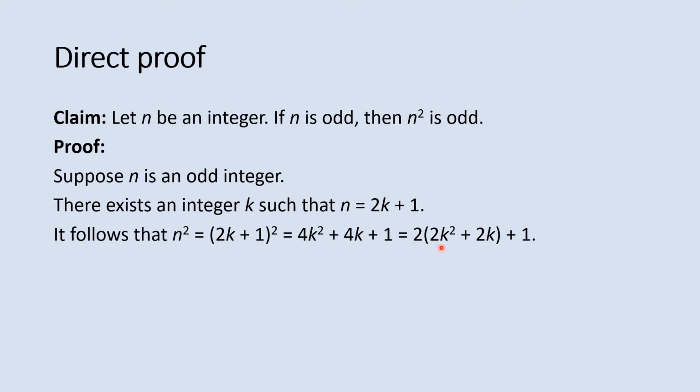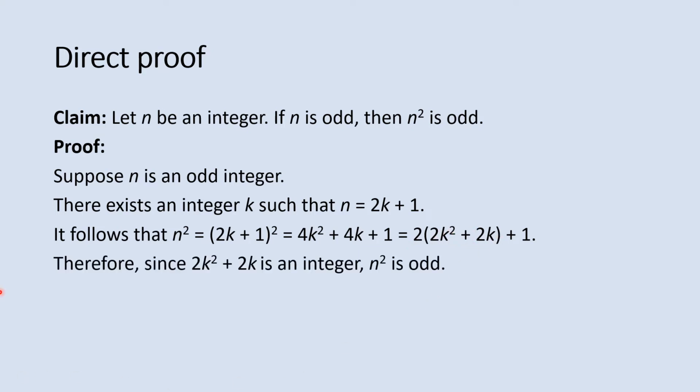So we have 2 times this quantity plus 1. The quantity is an integer, and so 2 times an integer plus 1 fits the definition of being an odd number. So n was odd, n squared is odd, and we have reached our conclusion.